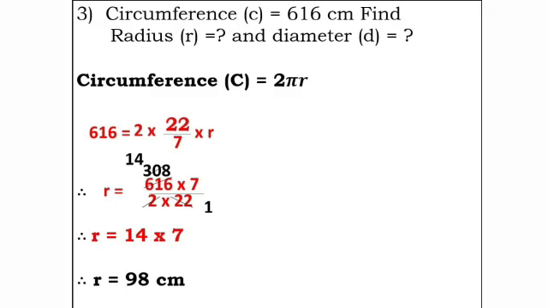Now this 2 into 22 upon 7, when it goes to your left hand side, it gets reciprocal. So you can write, therefore r is equal to 616 into 7 upon 2 into 22. So now after cancellation, you will get r is equal to 14 into 7, which is equal to 98 centimeter.